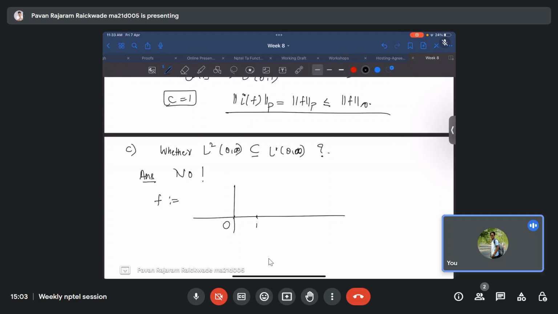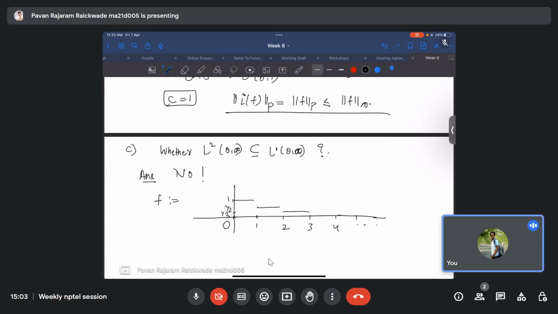So for each natural number 1, 2, 3, 4, and so on: from 0 to 1 you define the value as 1, then from 1 to 2 you define the value as 1/2, then from 2 to 3 the value as 1/3. Like this you go on.